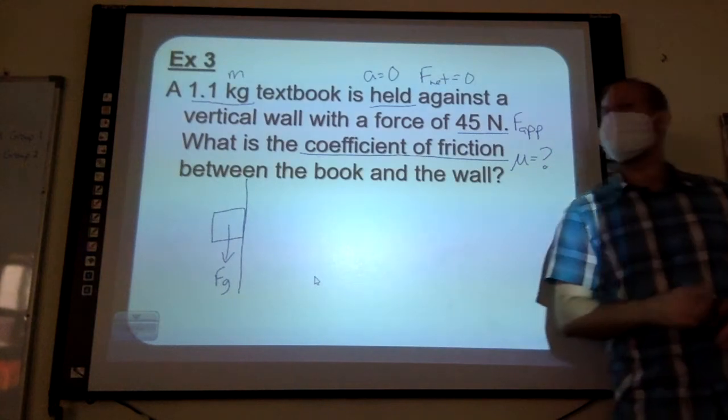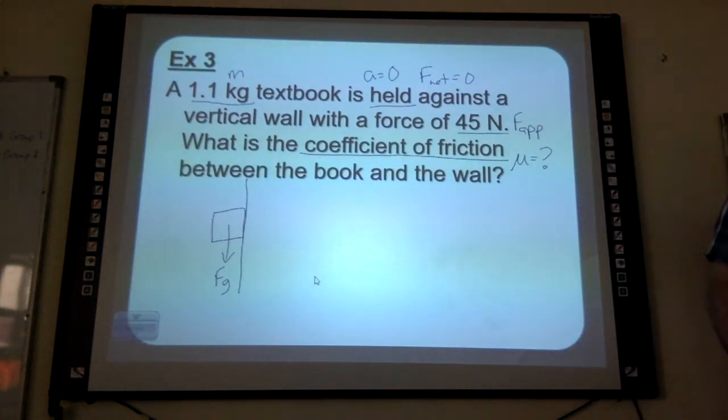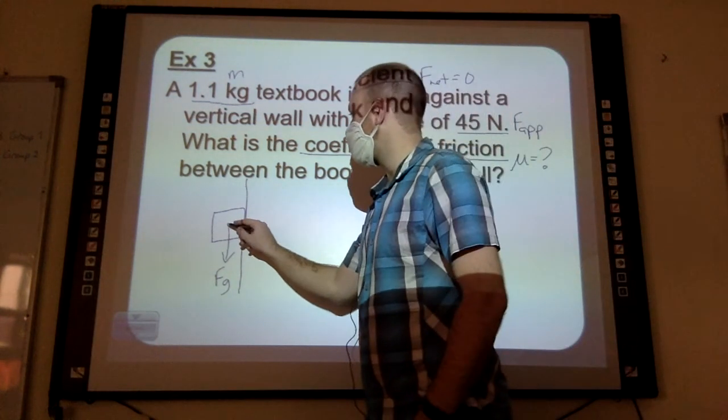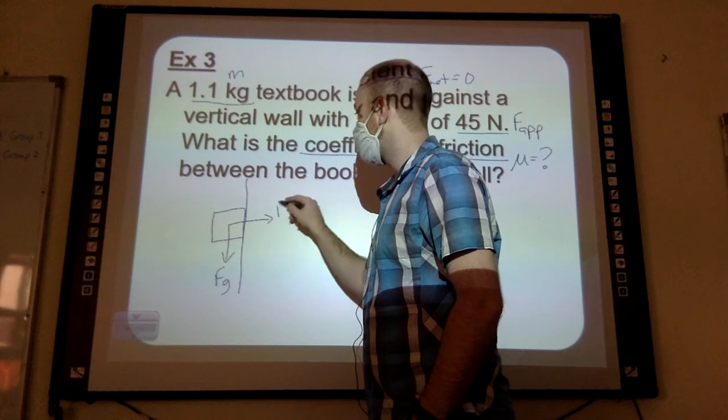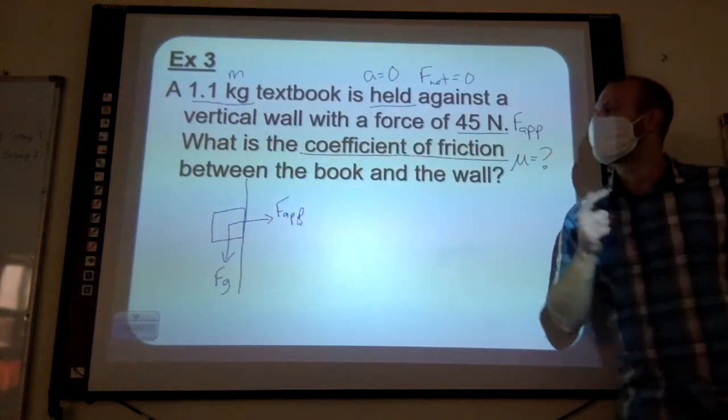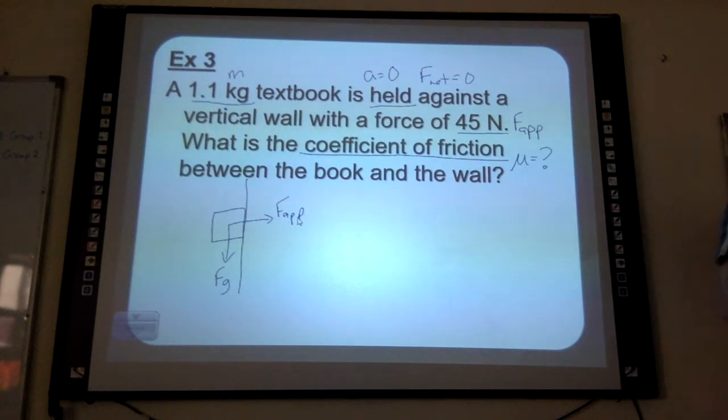Where is my force applied? It's pushing into the wall, right? I've never seen anyone hold a textbook against a wall any other way. Where is my normal force?